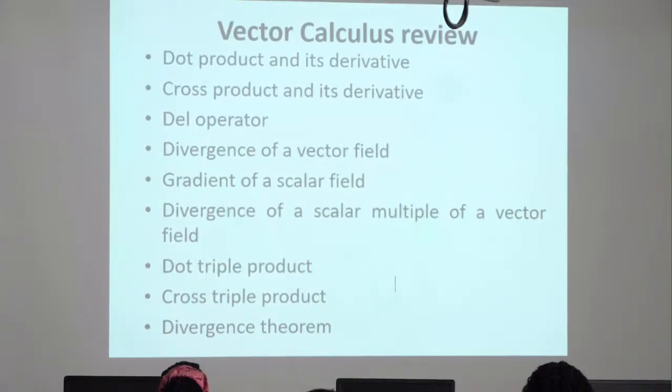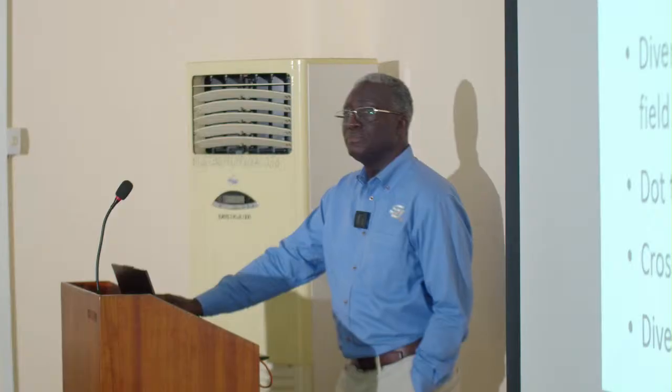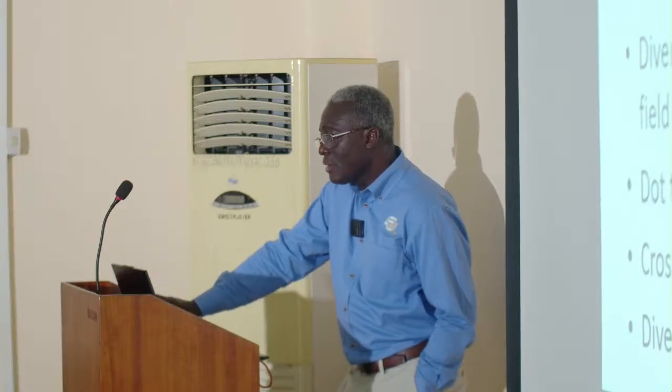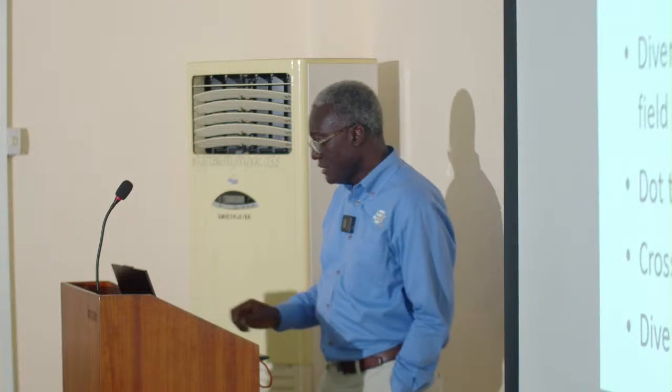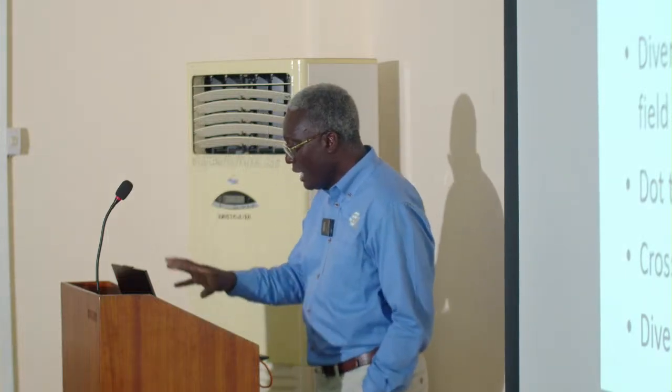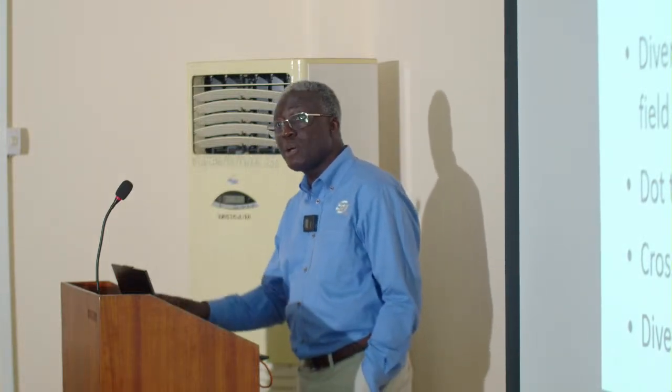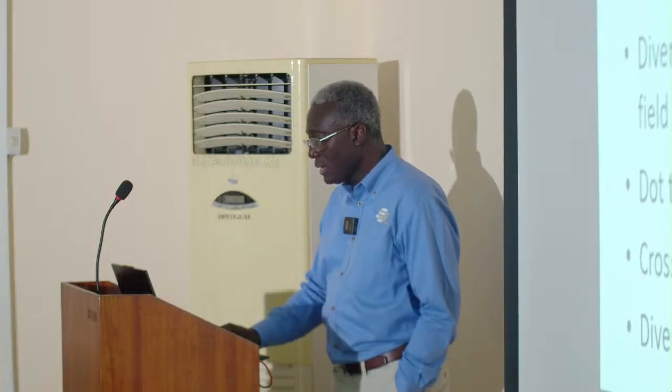These are all terminologies or vector differential calculus applications that would appear in the derivations that I'm going to discuss. I'm going to try and highlight some of them as we go along.